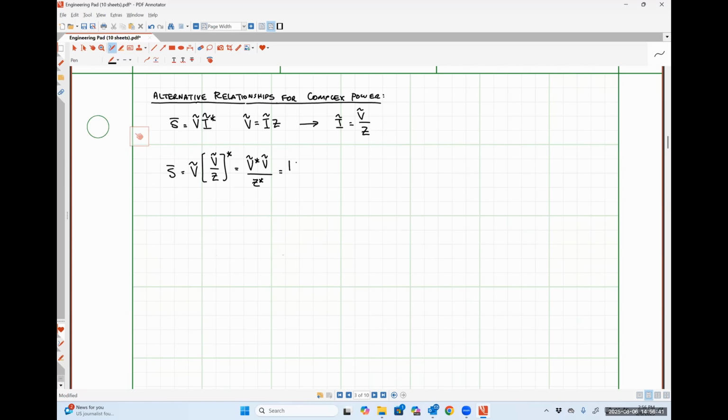So that means that we could express our complex power as the magnitude of the voltage drop across our element or network of interest squared divided by the conjugate of our impedance.